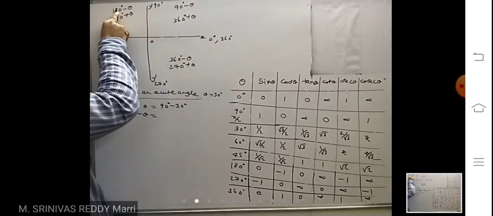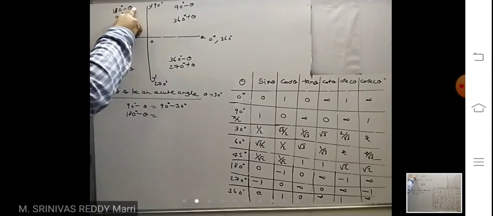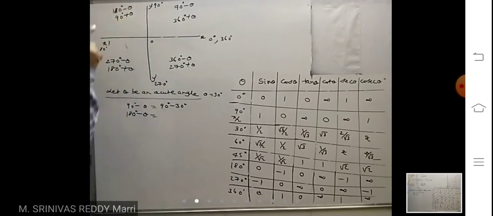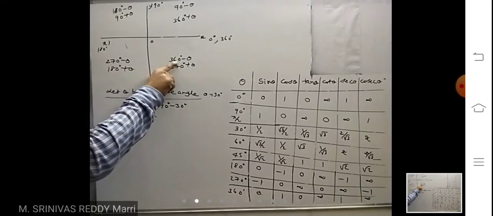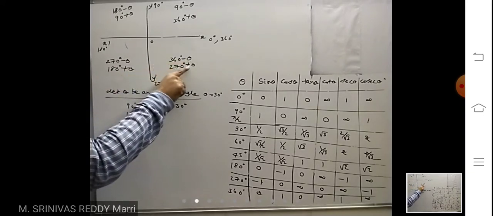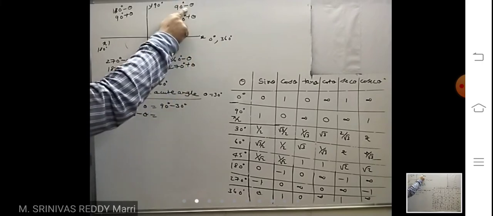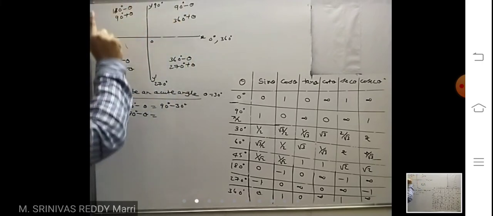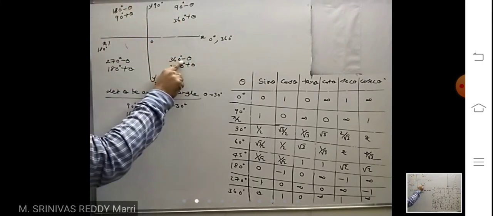Second quadrant, the angle will be of the form 180 minus theta or 90 plus theta. In the third quadrant, 270 minus theta or 180 plus theta. Fourth quadrant, 360 minus theta or 270 plus theta. Remember like this: 90 minus theta, 180 minus theta, 270 minus theta, 360 minus theta.